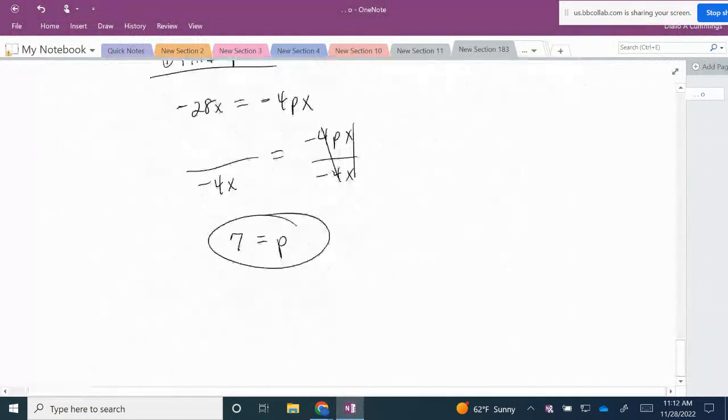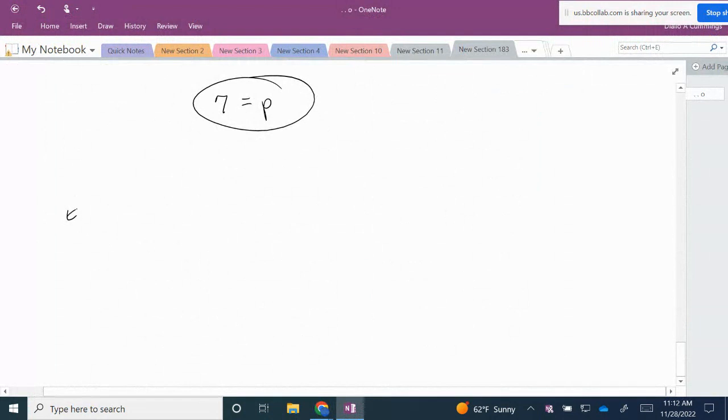Now we'll take a look at another example. So this is example 4. And we have x is equal to 1/8 y squared. All right. Well, let me write the directions.